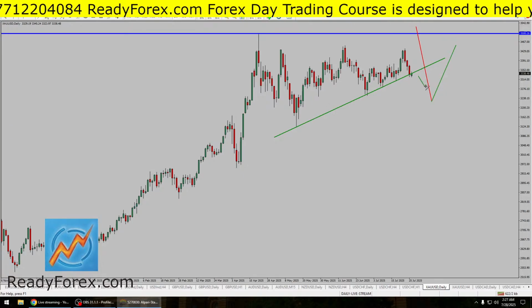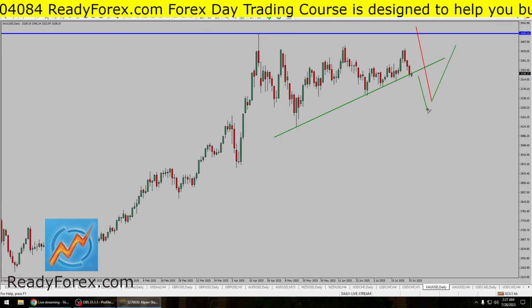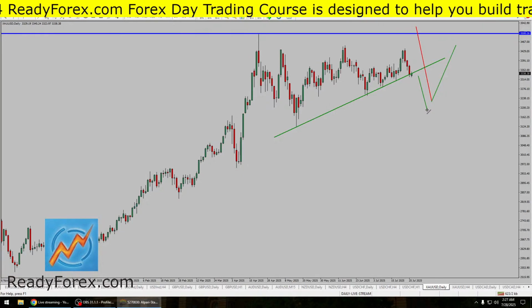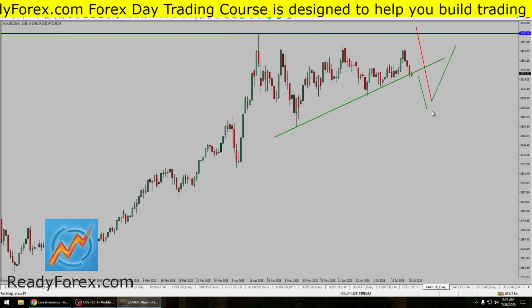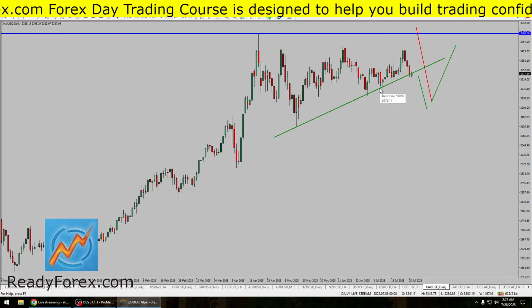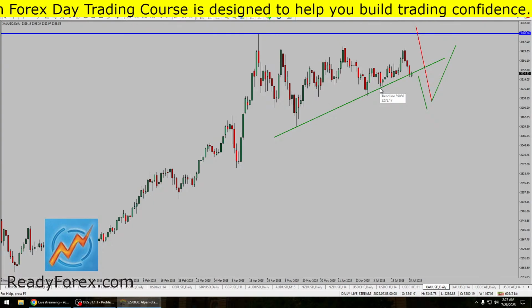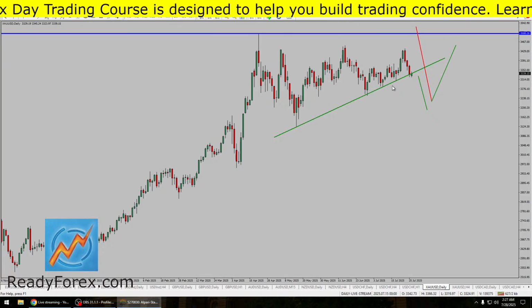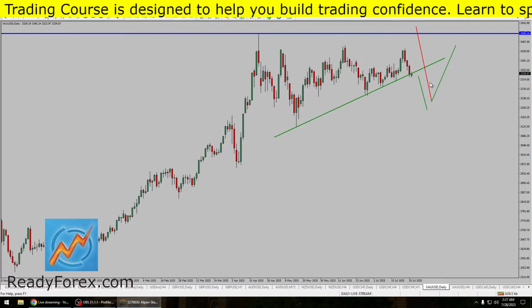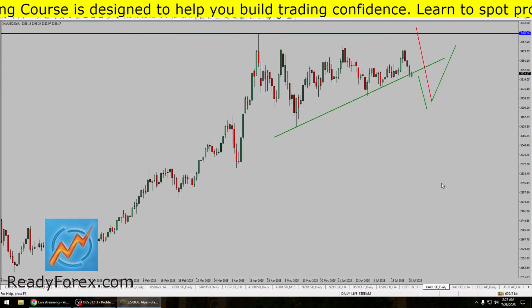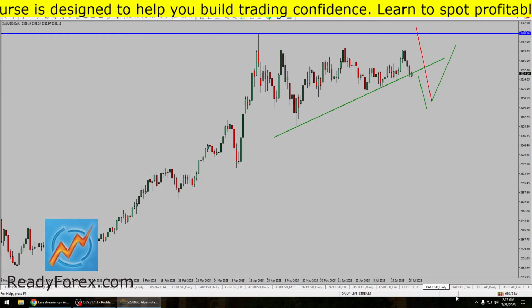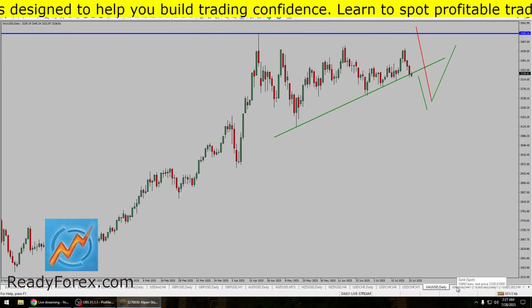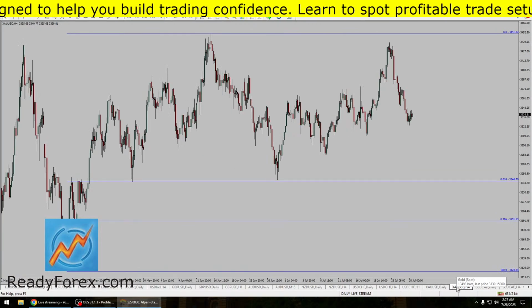So it's quite possible that spot gold is going to drop from current levels, and the way market is breaking right now, it is telling me that we might get a decline pretty soon in XAUUSD pair. Okay, next one is the XAUUSD pair 4-hour time frame.